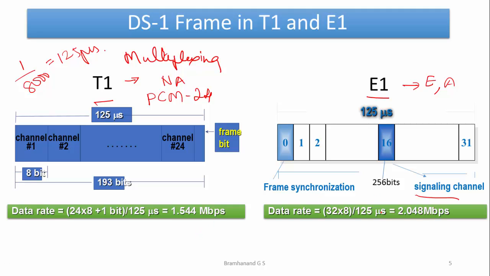And similarly, E1 is 2.048 megabits per second. Just because there is a fundamental difference between the base DS1 standard adopted by North America and the rest of the world, especially Europe and Asia, the hierarchy of these two standards also varied.